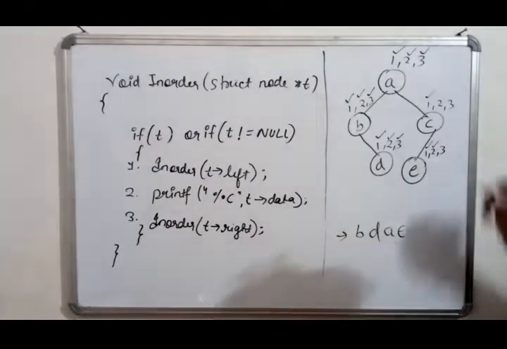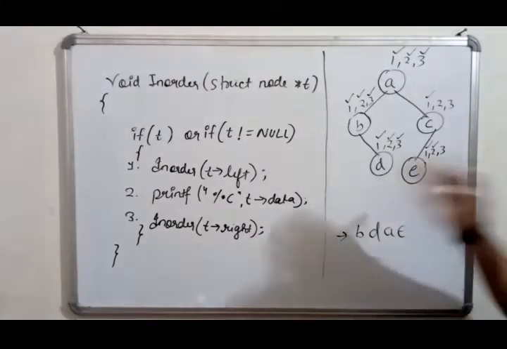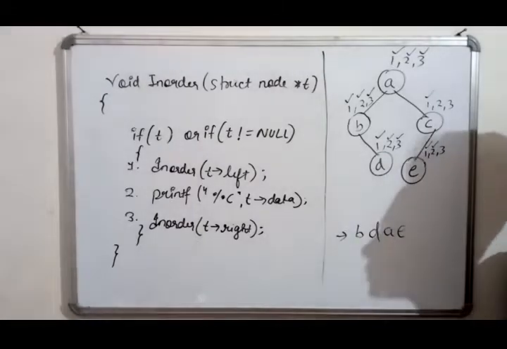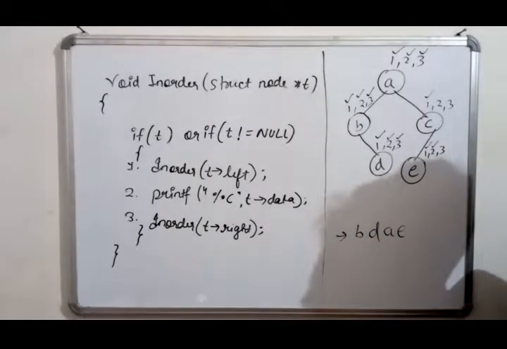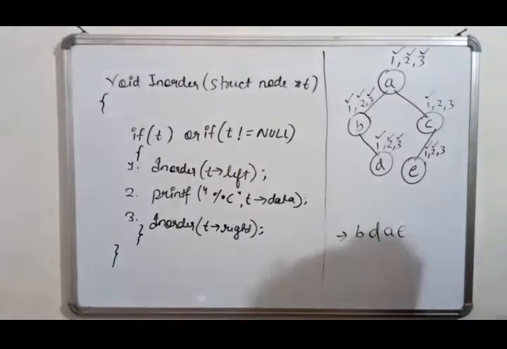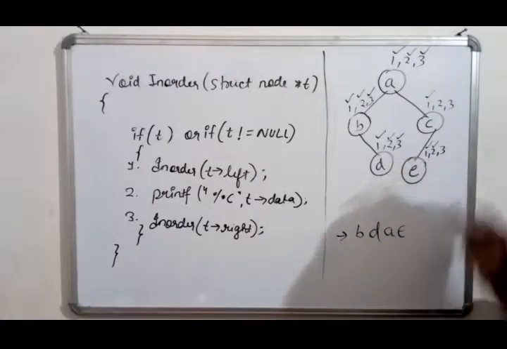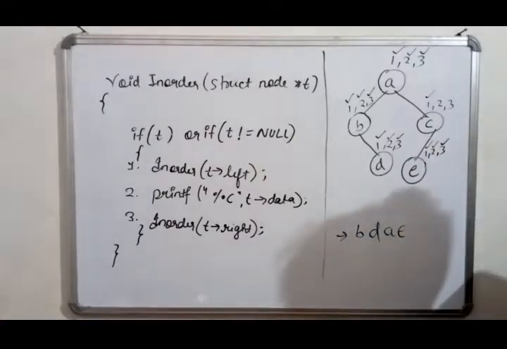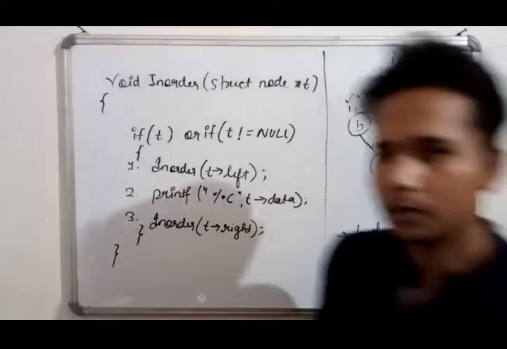Now the third instruction is to call the inorder function with the right of E, but E does not have any right child, so E has null as the address of right. So it will simply return. Now we have completed all the instructions of E.